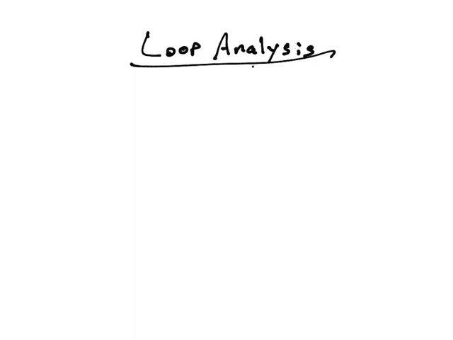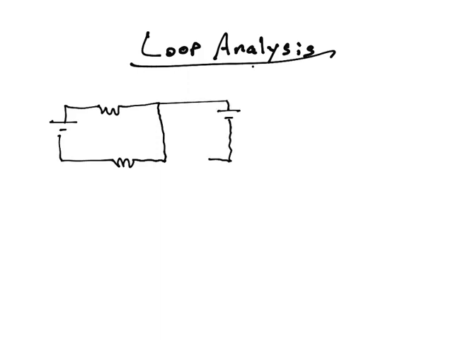In order to do loop analysis, you're basically going to have a circuit. Let's say you have a circuit, something like this. And this time what I'm going to do is I'm going to put multiple voltage sources in. And so maybe we'll let this be V1, this will be V2, this will be R1, R2, and R3.